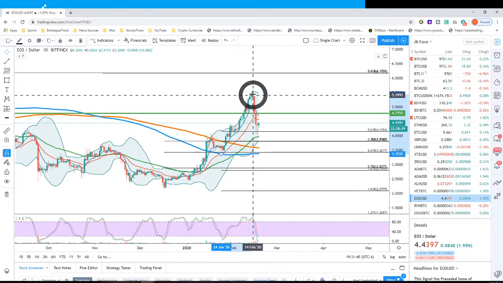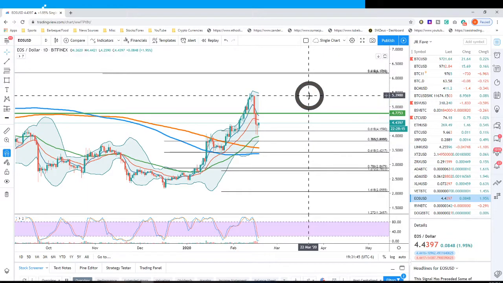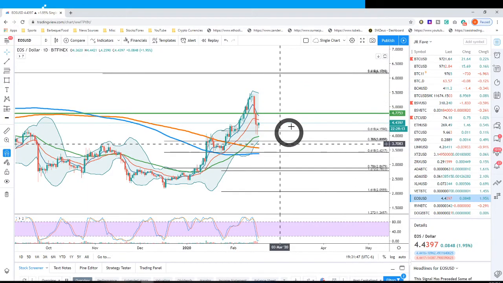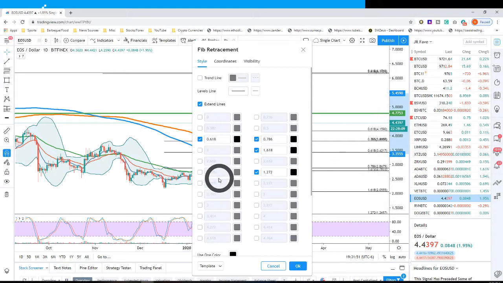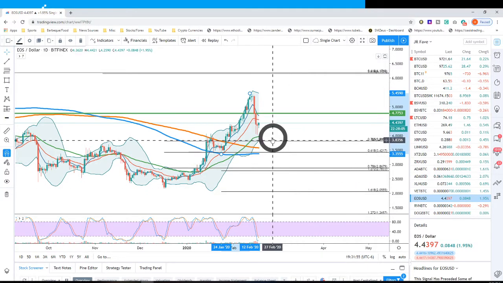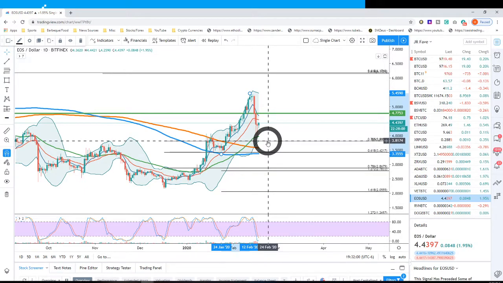Nope. Let me get that up there where it should be. Right there. There we go. And actually it did break that 61.8, so let's get that out of there. It was close, but so holding the 50, lower Bollinger Band, and a fib cluster right here at 382.